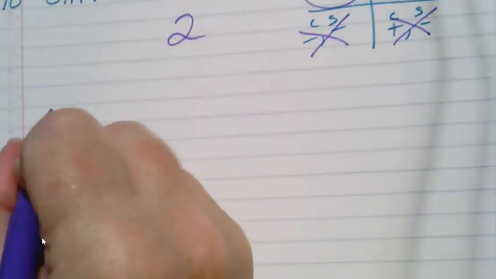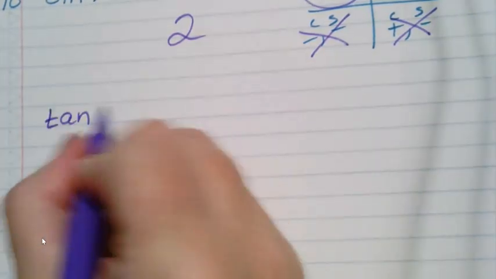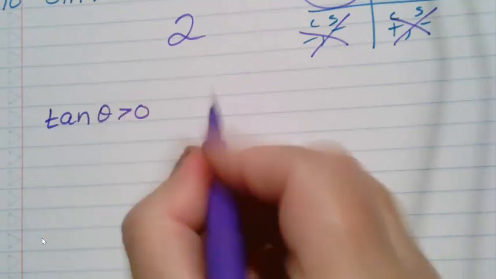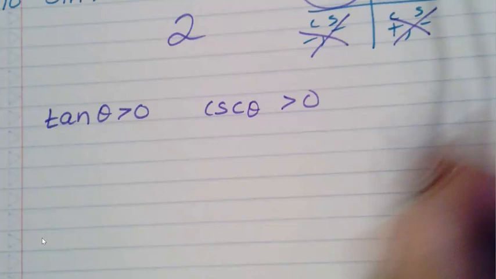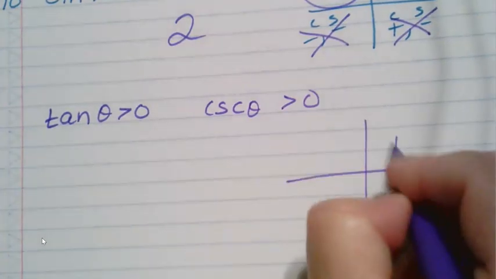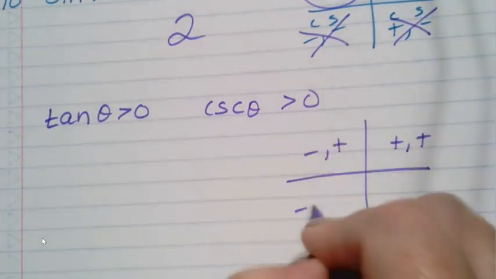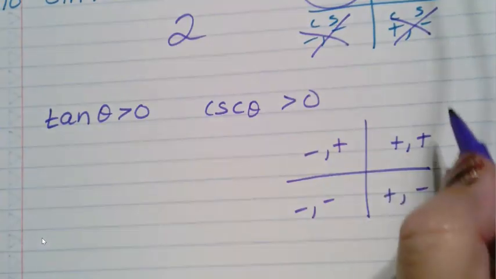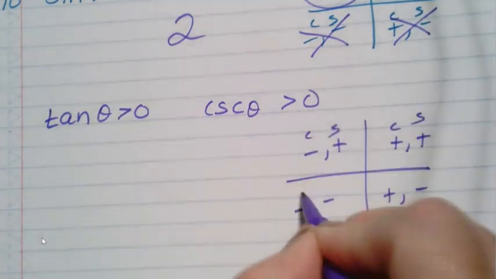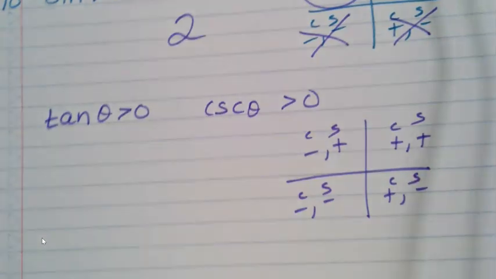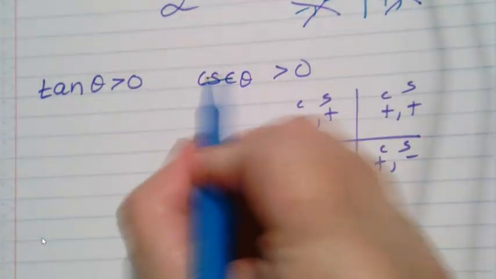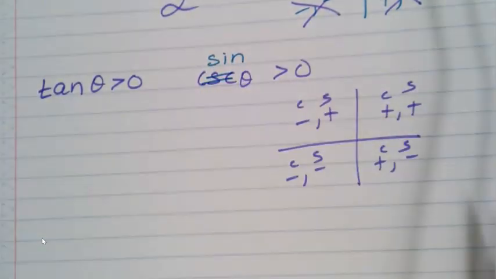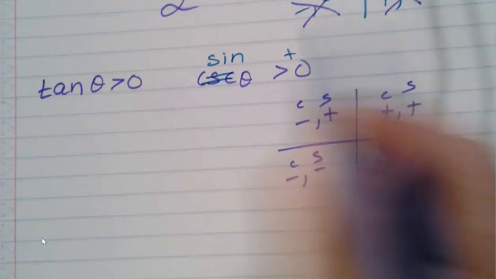let's try another one. Tangent and cosecant. Cosine, sine, cosine, sine. Okay, here we go. Let's deal with cosecant. So remember, cosecant is the reciprocal of sine. So we just change that. And it's positive.